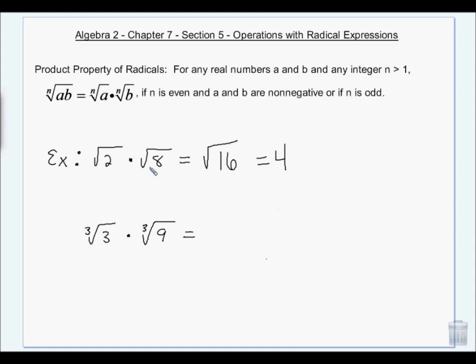So this and that are equivalent. If it makes sense to go from the factors to the product, then you go that way. If it makes more sense to go from a product to the factors, then you go that direction. Cube root of 3 times the cube root of 9 is the cube root of 27, which is 3.